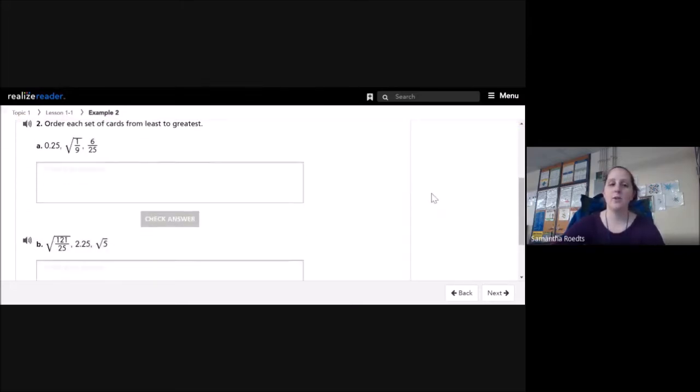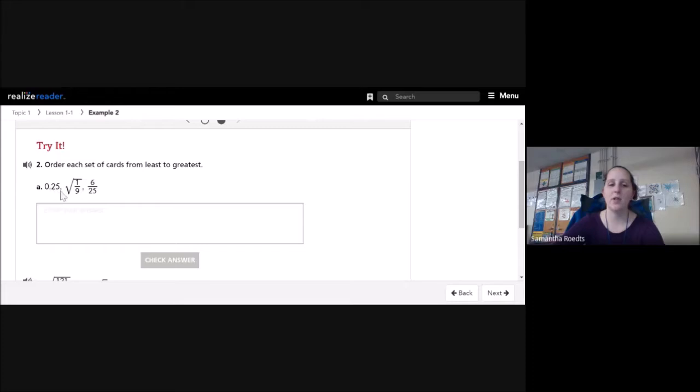All right, so let's go ahead and order each set of cards from least to greatest. I have 0.25, the square root of 1 over 9, and 6 over 25. I'm going to put these in decimal form. 0.25 is already in decimal form. The square root of 1/9 is 0.3 repeating, and 6/25 was 0.24.